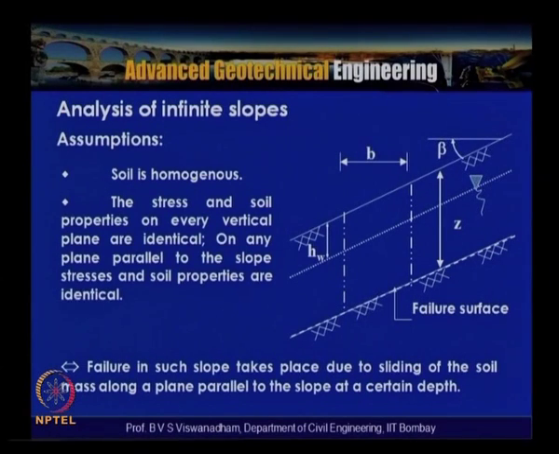The soil is assumed to be homogeneous, and the stress and soil properties on every vertical plane are assumed to be identical, and on any plane parallel to the slope the stresses and soil properties are identical. That means this block can be constructed here, or here.